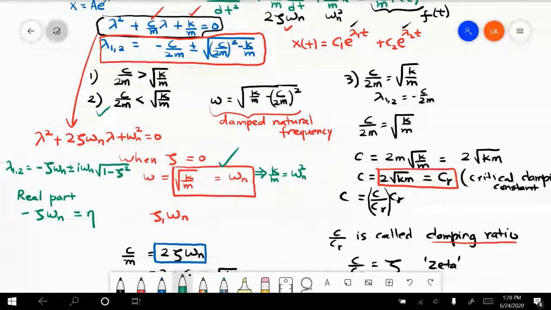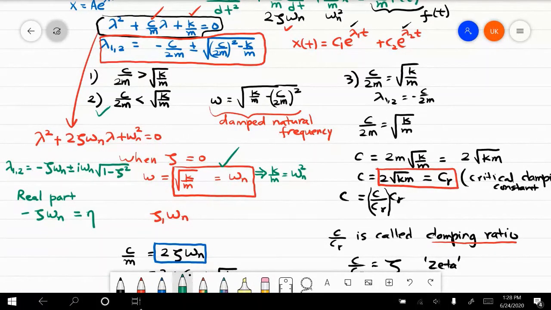So I'm repeating the same thing. So the real part, which is eta now in the new notation, it controls the rate of decay, and the imaginary part, which is omega n square root of 1 minus zeta squared, this is the frequency. Okay, so this is the damped natural frequency.